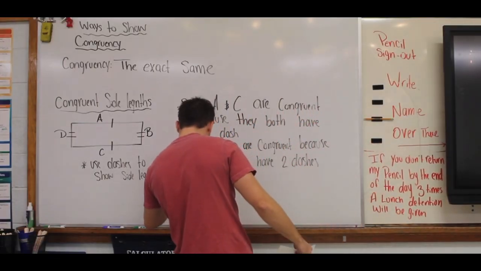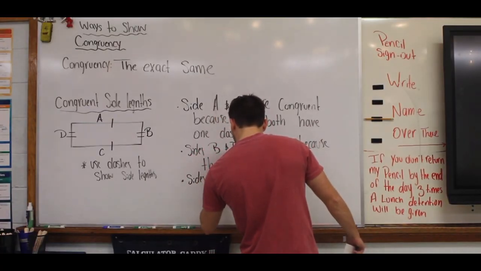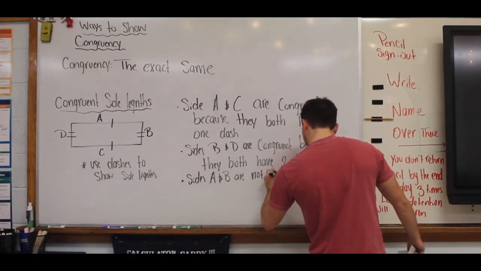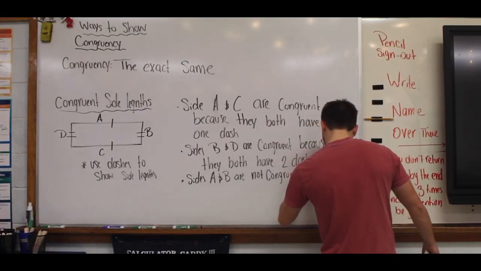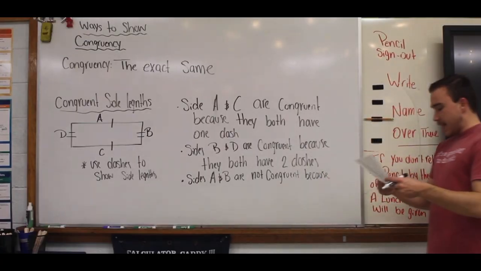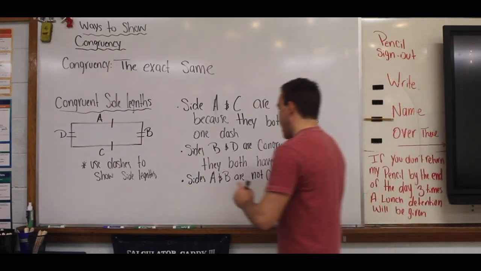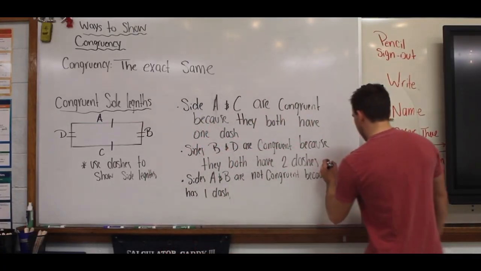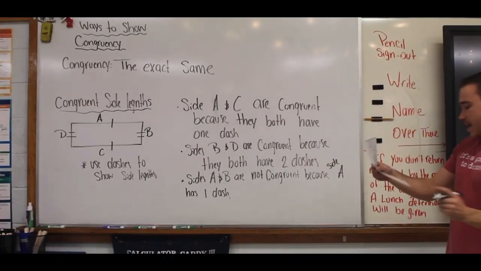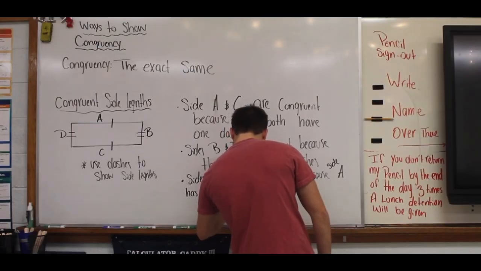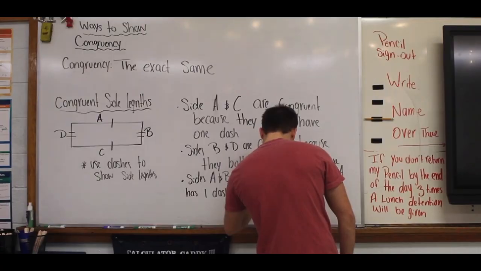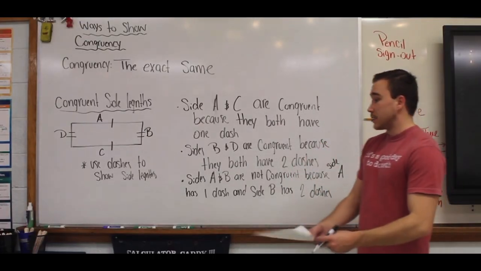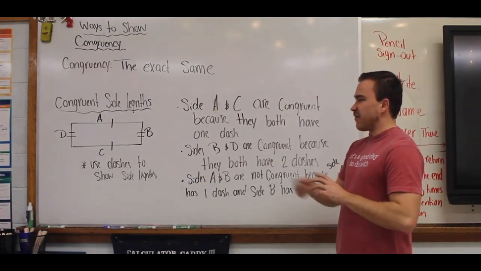Sides A and B are not congruent because side A has one dash and side B has two dashes. And that's how we show congruent sides. That's how we show which sides are equal to each other, just by the amount of hash marks they have.